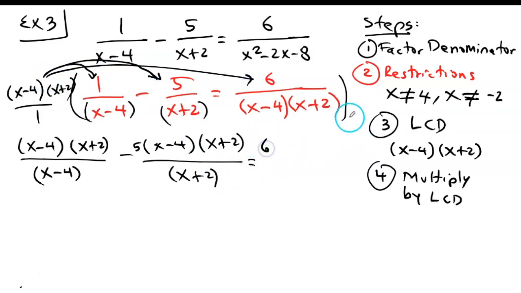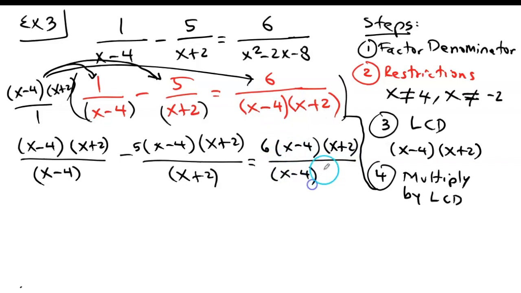So I have 6 times my LCD, x minus 4, x plus 2, divided by my same denominator. Please be careful with signs. Make sure you're not making mistakes with any signs. Make sure you double check.